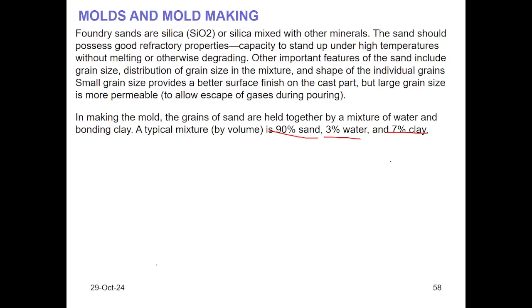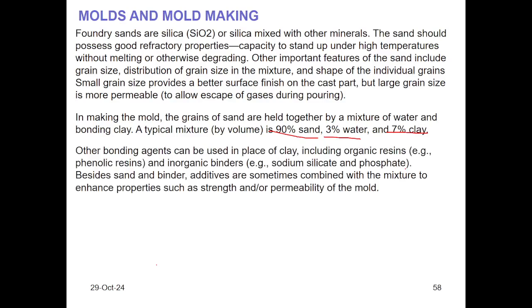If for bonding the sand particles we use water and clay, then in the jargon it is called green mold, green sand mold.